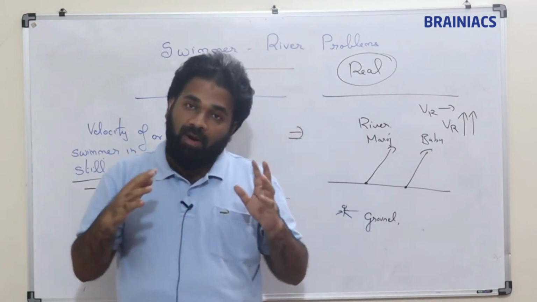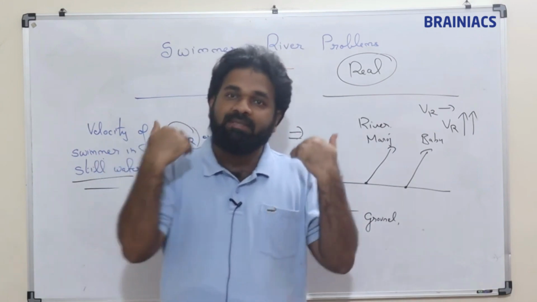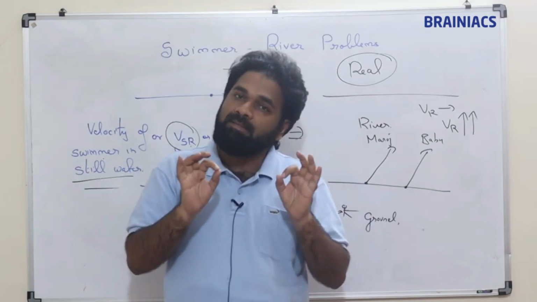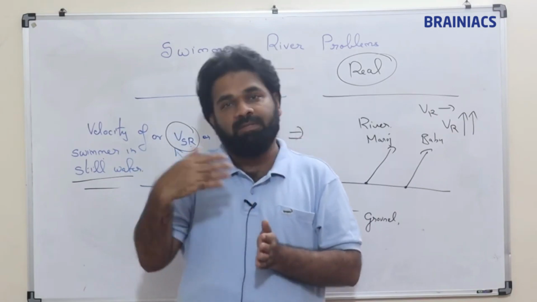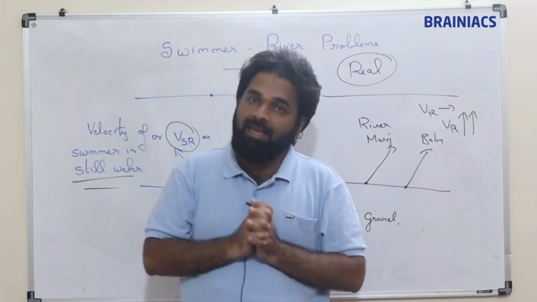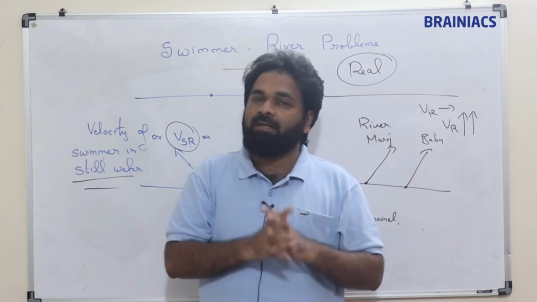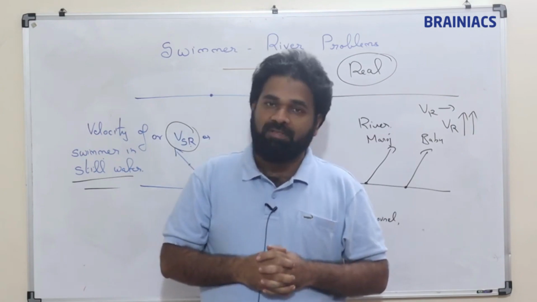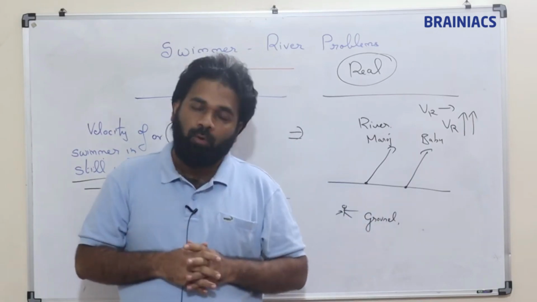So whatever velocity the swimmer is jumping with and trying to swim, that is his original capacity and that is his velocity in still water. We should take it like that. Now because of the river's velocity, definitely his direction will change, the resultant velocity will change. All those velocities are the real ones, that is nothing but the velocity of the swimmer with respect to ground.